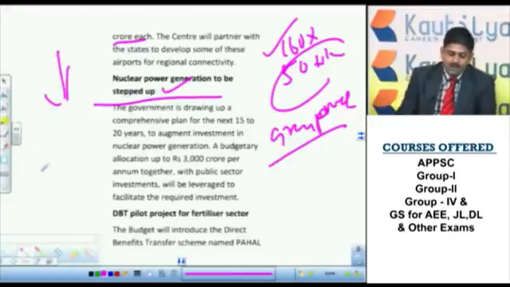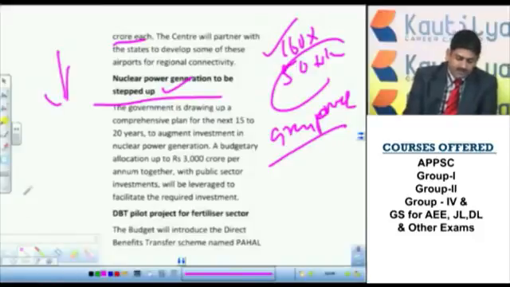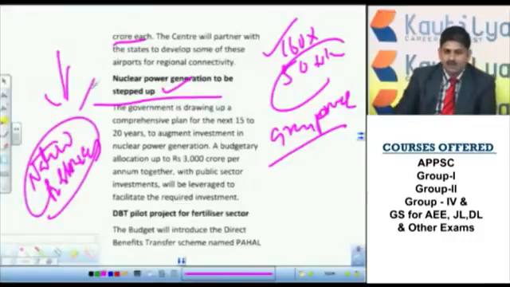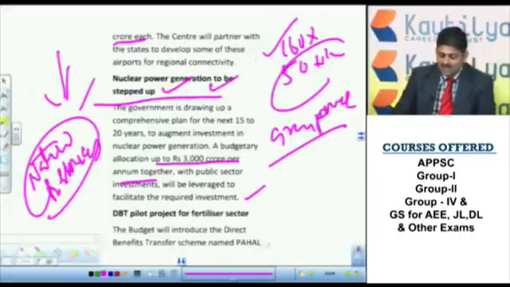Moreover, power generation by using natural resources has become very difficult these days. So in order to increase this, 3,000 crore per annum will be given. Public investment as well as private investment is increased in order to increase nuclear power generation in India.